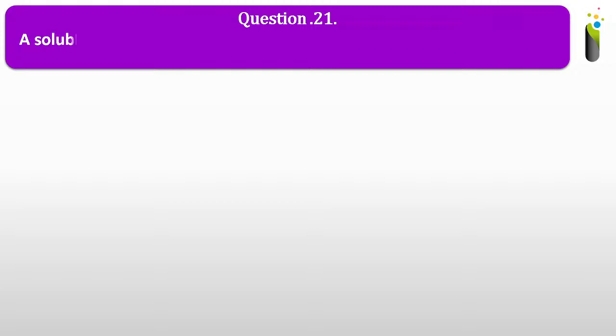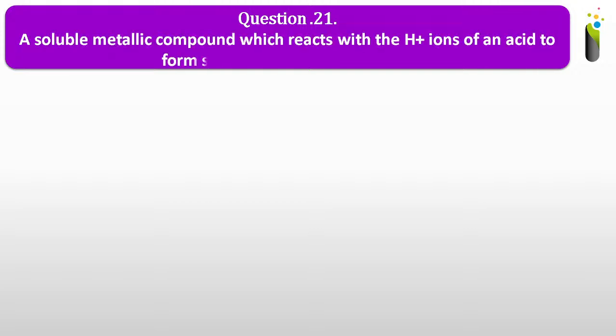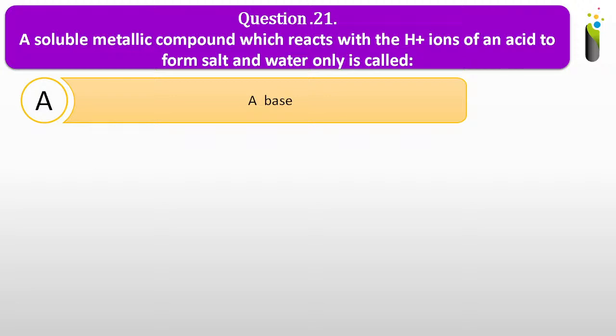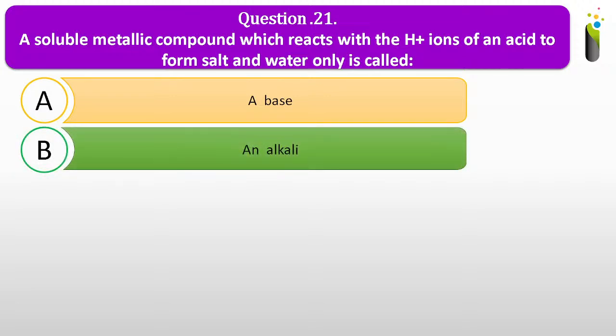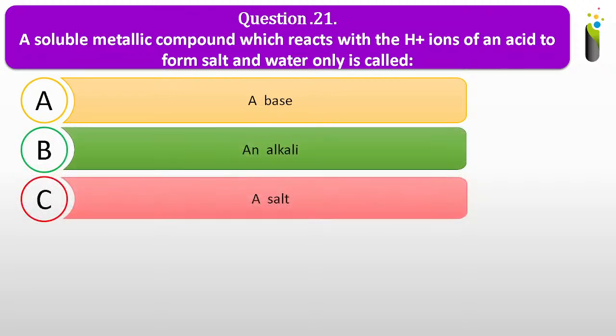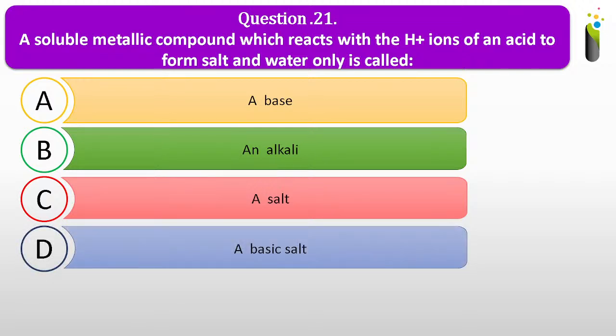Question number 21. A soluble metallic compound which reacts with the H plus ions of an acid to form salt and water only is called as dash. And your options are A. a base, B. an alkali, C. a salt, D. a basic salt.